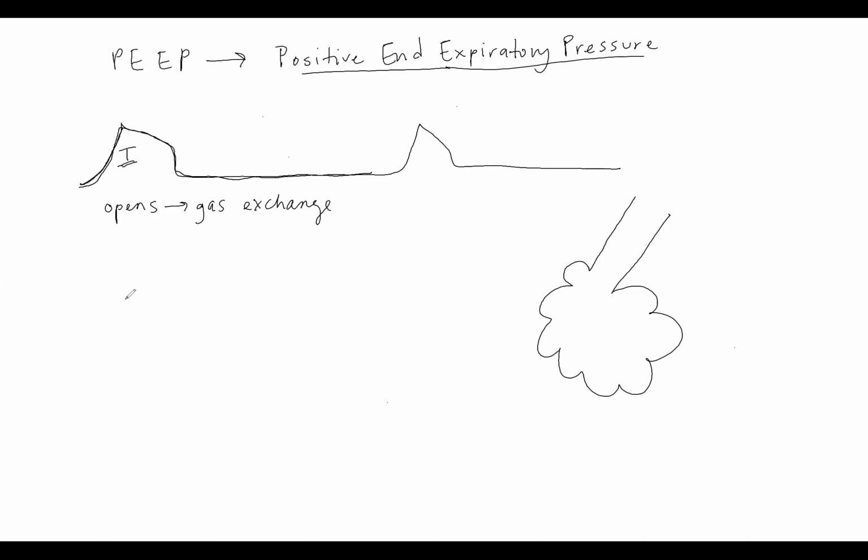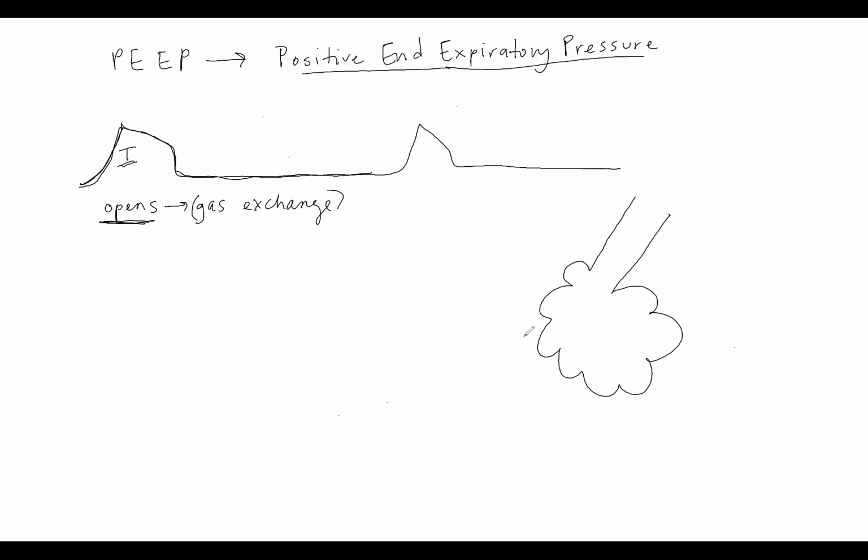Carbon dioxide gets breathed out, and then we start the process all over again. The open door allows for gas exchange to occur, oxygen to get into the bloodstream, carbon dioxide to get out. When the door closes, these alveoli collapse, and when I take a deep breath in, they reopen. When I exhale, they close back down. So I picture it like a door opening and closing.